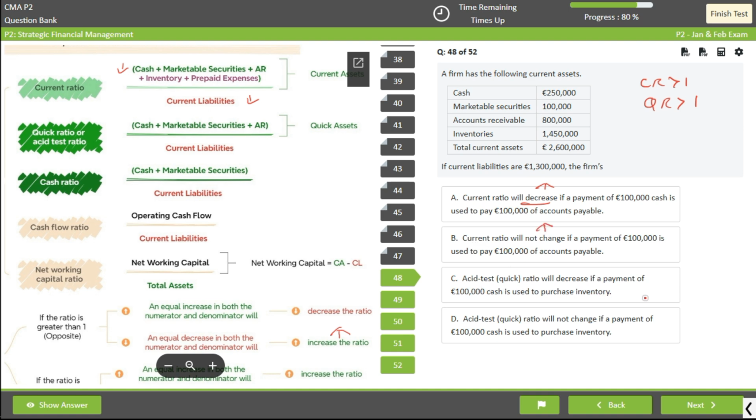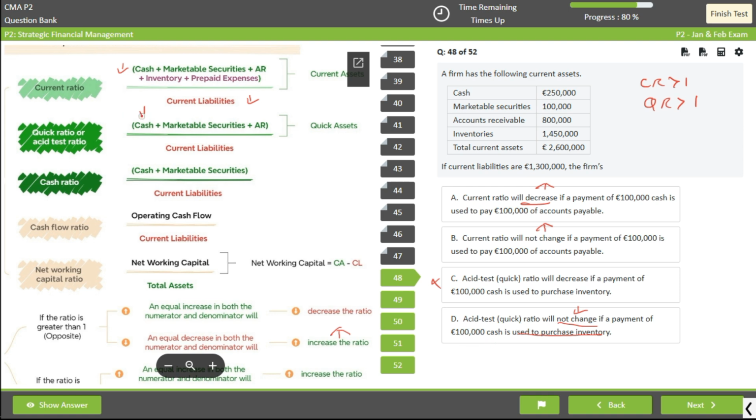Acid test ratio will decrease if the payment of... So this we'll discuss later on. Let us see. Acid test ratio will not change if the payment of 100,000 cash is made. Let's see, it will decrease, because inventory is not included while calculating your acid test ratio, but the payment of 100,000 cash decreases your cash.